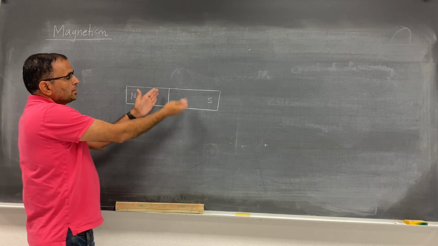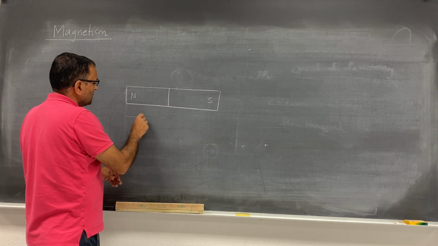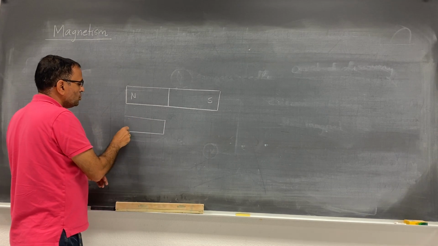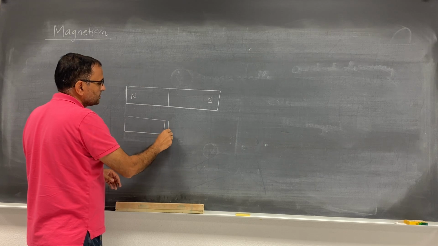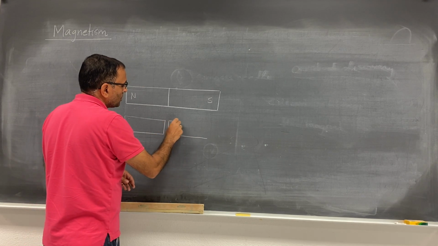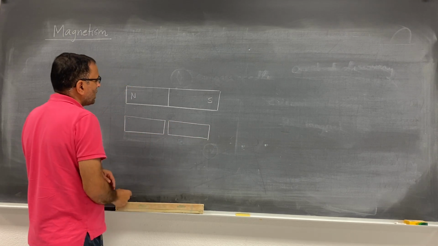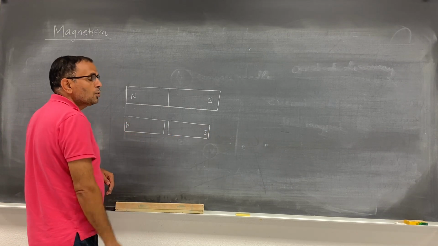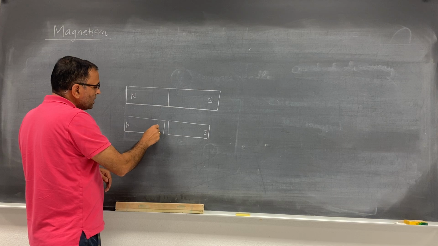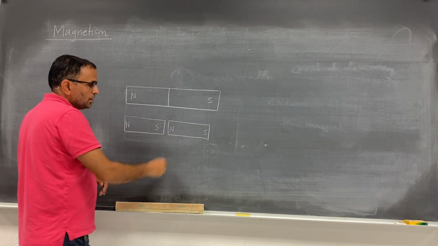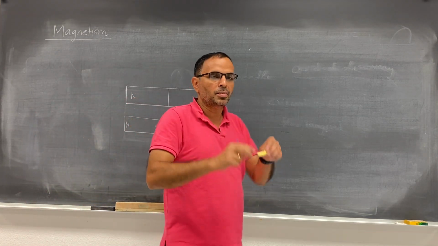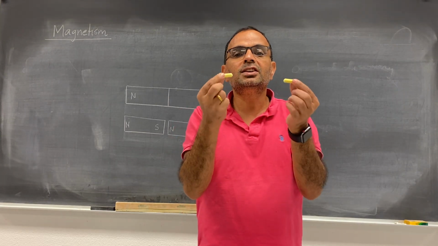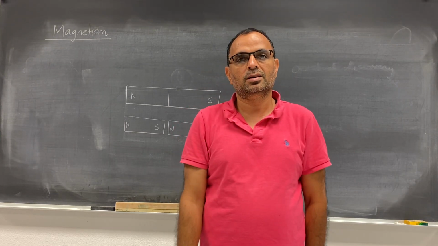If you cut the magnet, if you break it into two parts like this, what happened? Here you have a north pole, this is your south pole. Then a south pole develops here and a north pole develops here. So if you break the magnet, it results in two magnets.